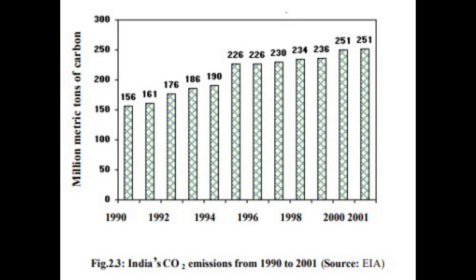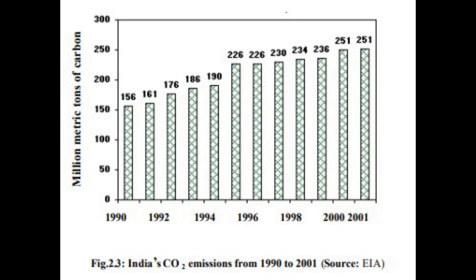Fig. 2.3, India's CO2 emissions from 1990 to 2001. Look at the screen. However, India's carbon emissions stood at only 80% of Japan's 316 million metric tons of carbon equivalent total, and less than one-sixth of the United States' 1,565 million metric tons carbon emissions during the same year.